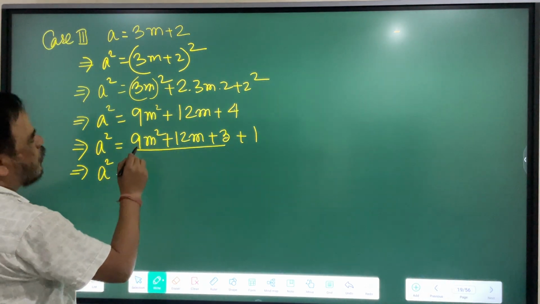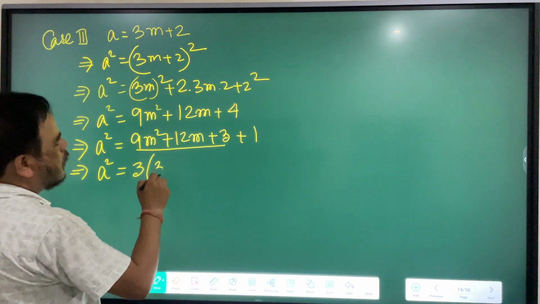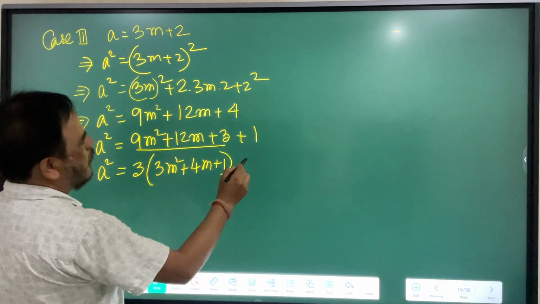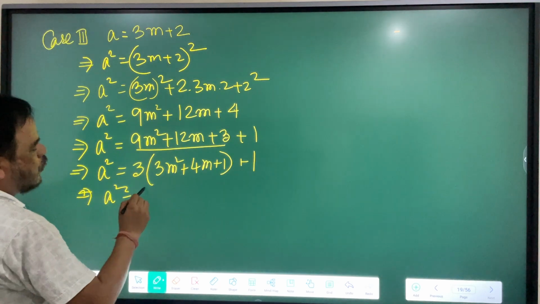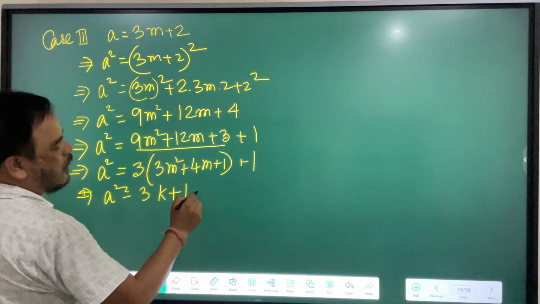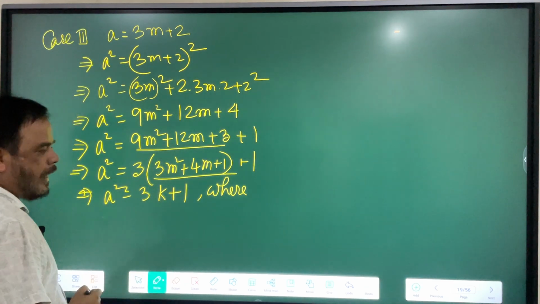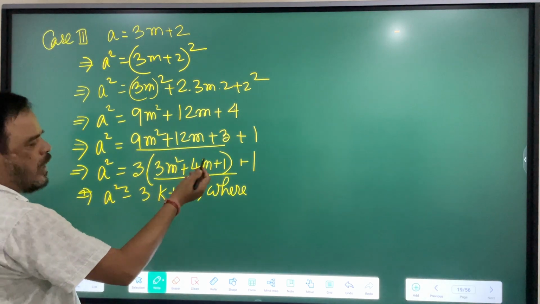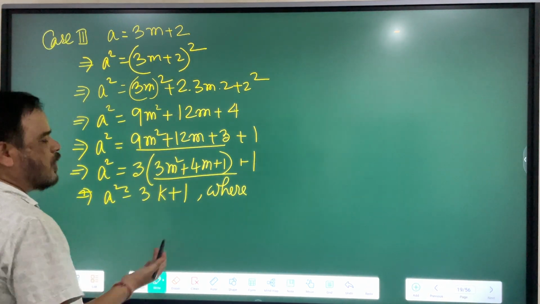a square is equal to, from these 3 terms we can take 3 common: 3 into (3m square plus 4m plus 1) plus 1. So a square is equal to 3k plus 1, where in place of this we take k. 3m square is an integer, 4m is an integer, 1 is also an integer, so the addition of 3 integers is always an integer only.